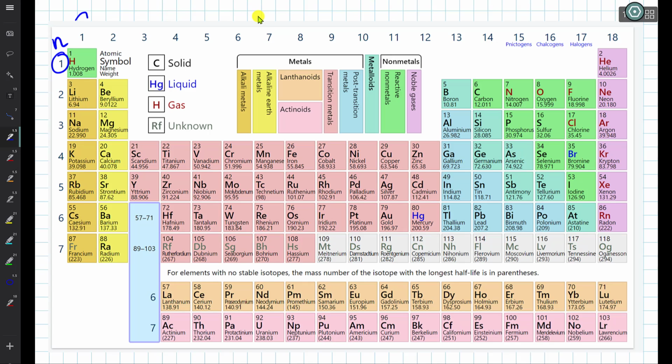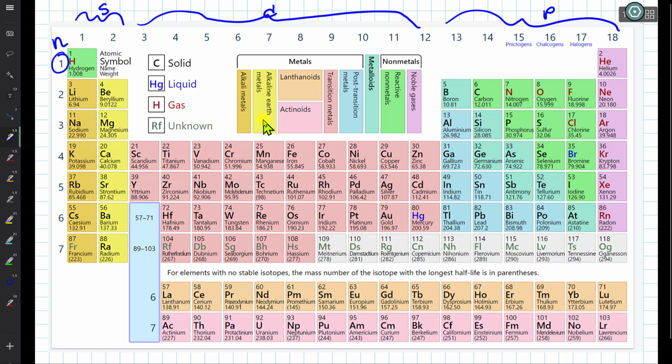But this represents S, this represents P, and these, the transition metals, they all represent d orbitals. Okay, and then these ones down here, and I'll interject again when I go back to the main recording. These represent the f orbitals down here.